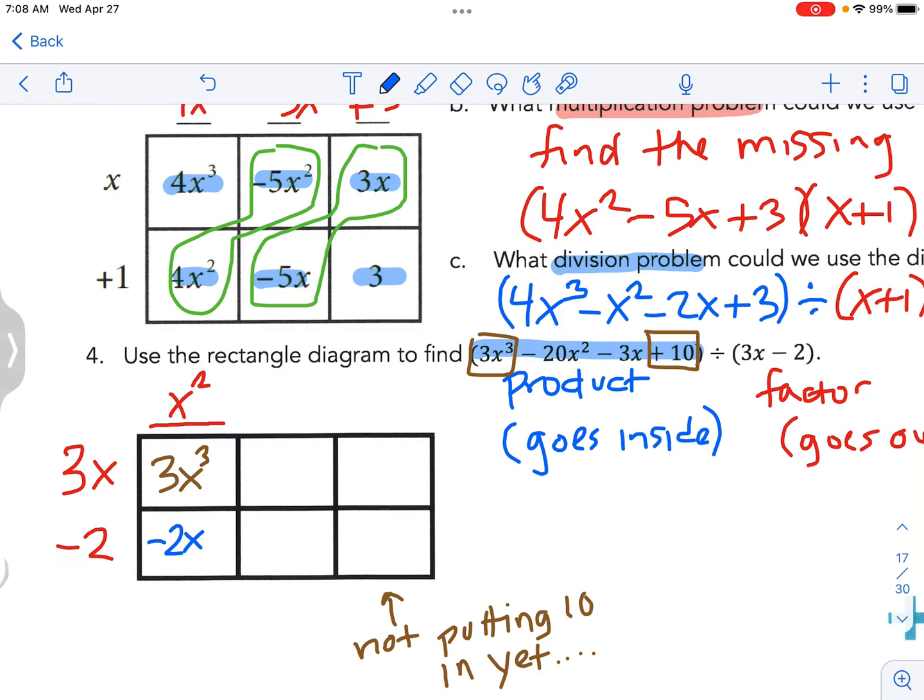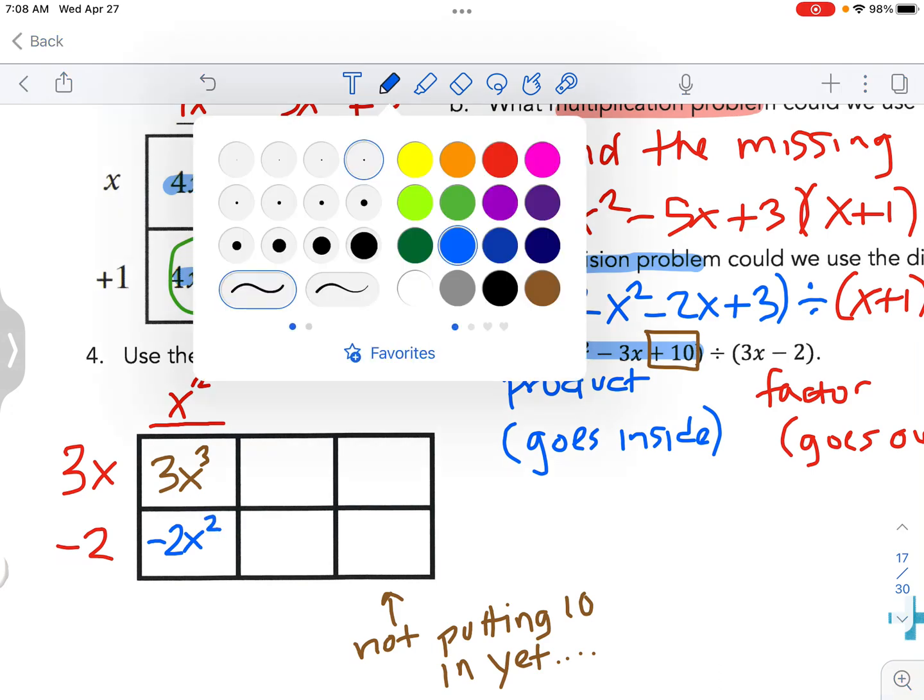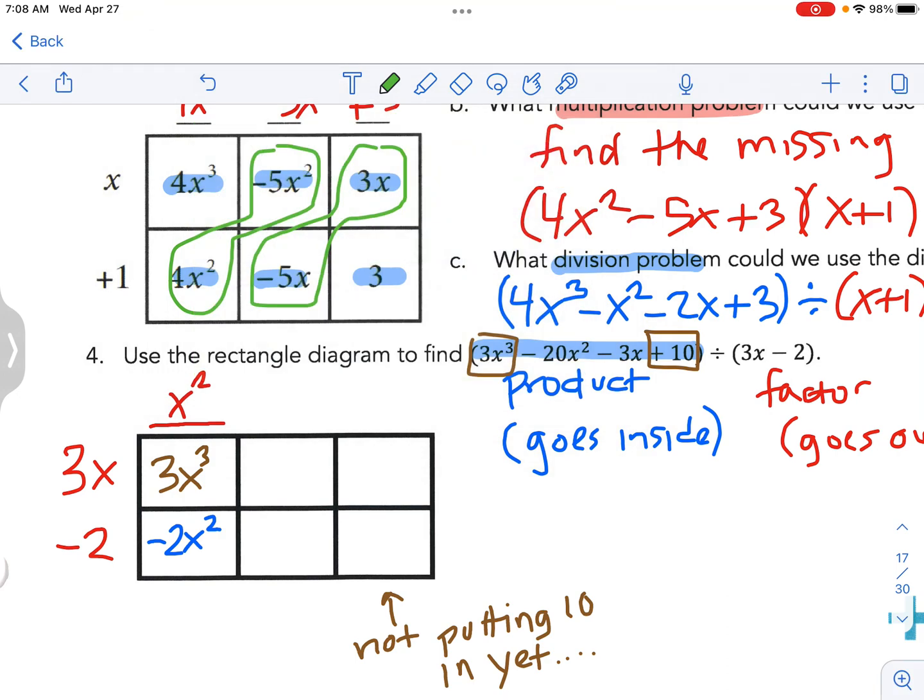And that helps us because we need that piece of the puzzle, since this is a diagonal here, there's going to be another like term up here, and these two terms are going to have to make 20x squared. Let me get my green highlighter out here.